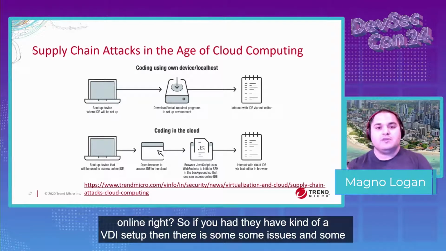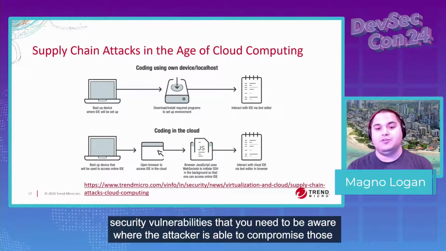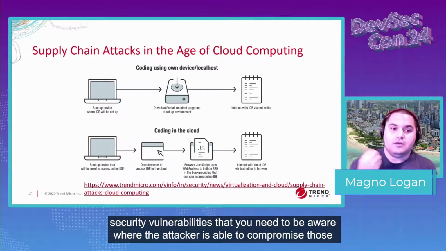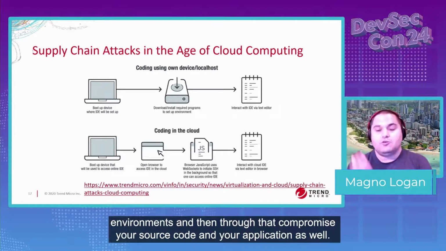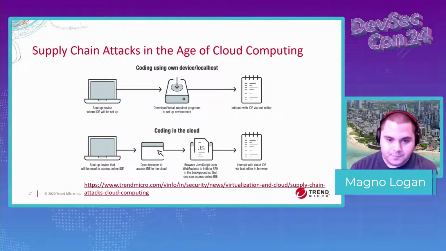Then there are security vulnerabilities you need to be aware of, where an attacker is able to compromise those environments and then, through that, compromise your source code and your application as well.